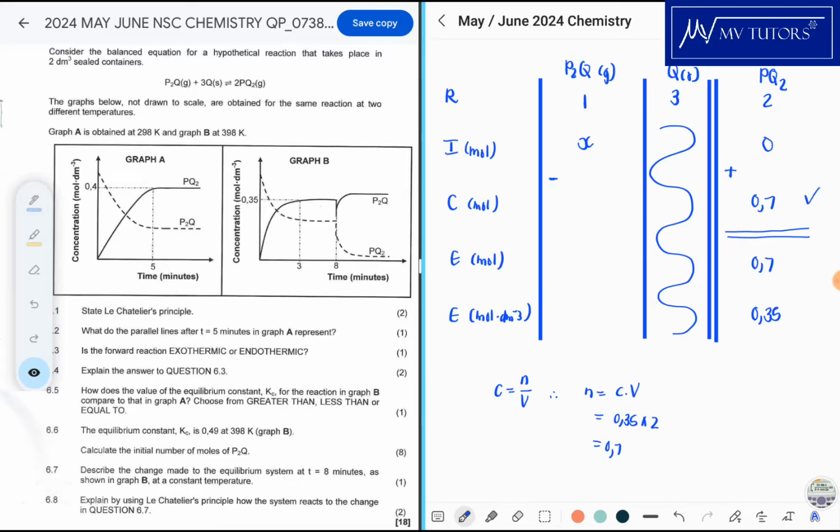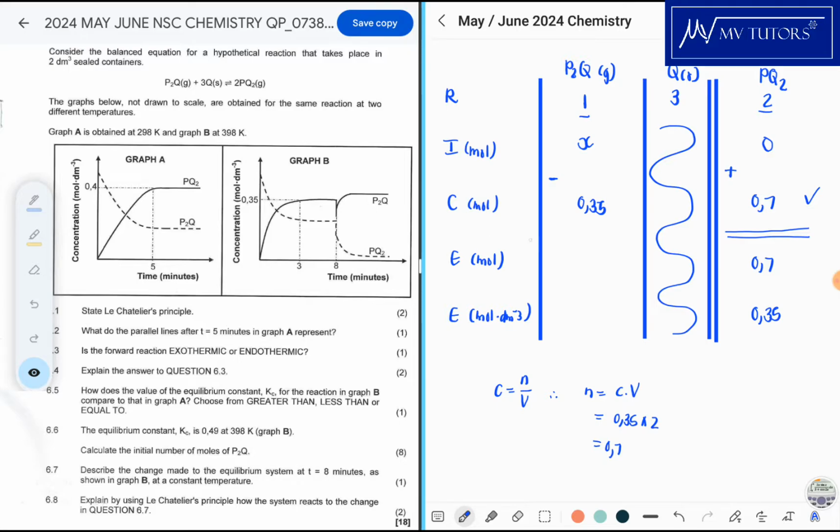We're going to use this and our ratios to get the change for our reactant. So 0.7, we have 2 moles for our products versus 1 mole for our reactant, so we divide by 2 and get 0.35 for our change.